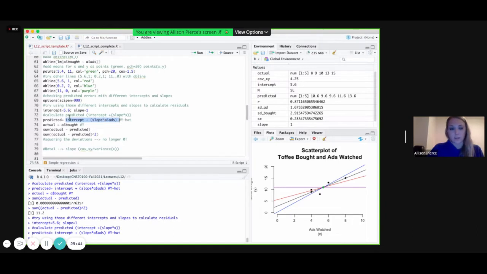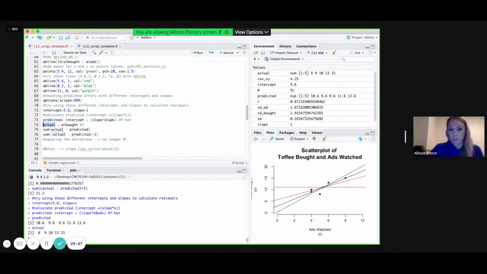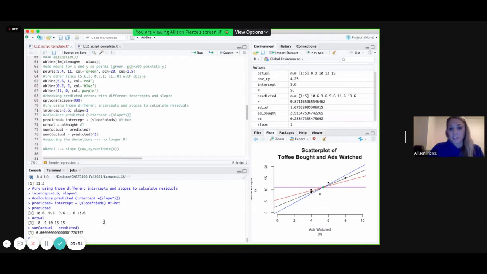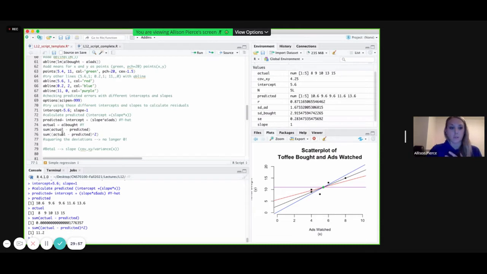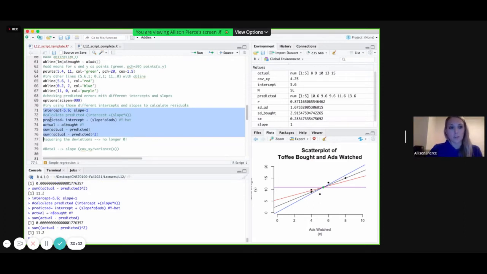Our intercept plus slope times predictor. These predicted values minus our actual values, which are what's in our data. If I just sum those differences, I always get 0. But if I square those, these are the actual residuals that we're trying to minimize, right? So this is the sum of the squared residuals.